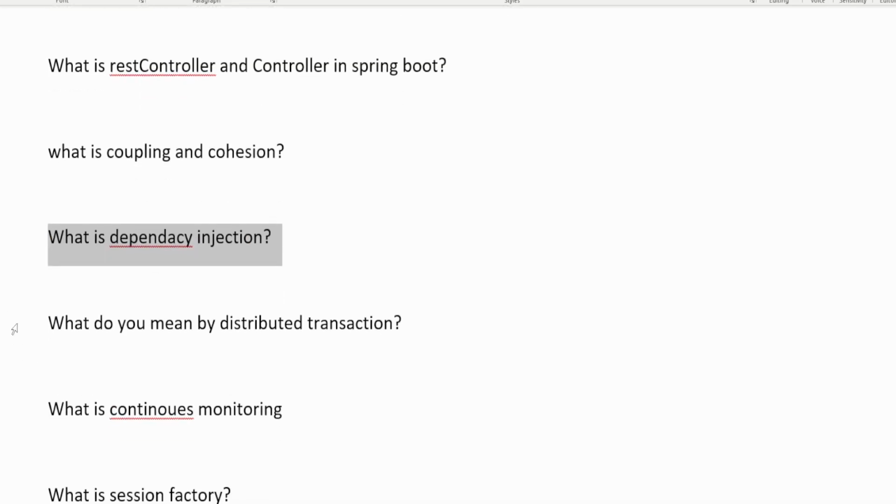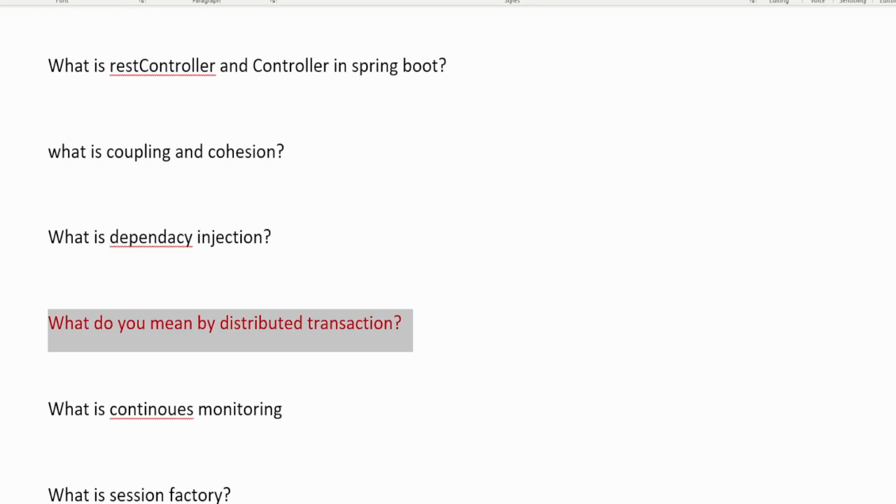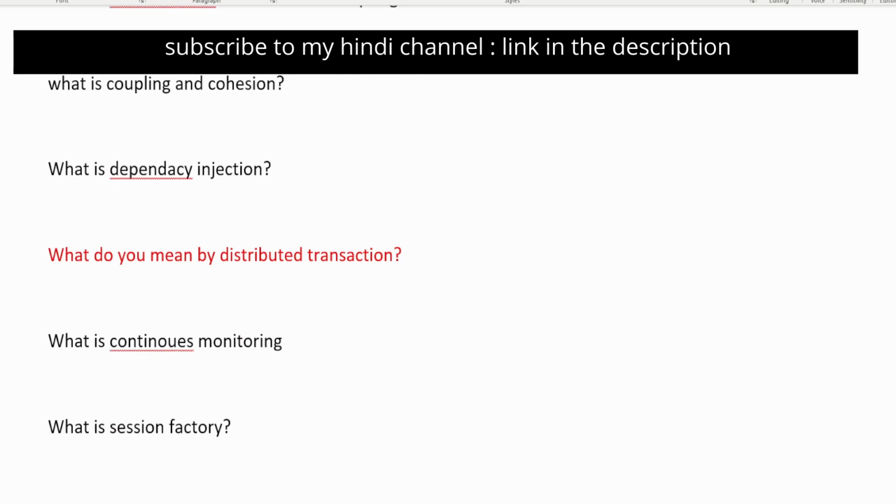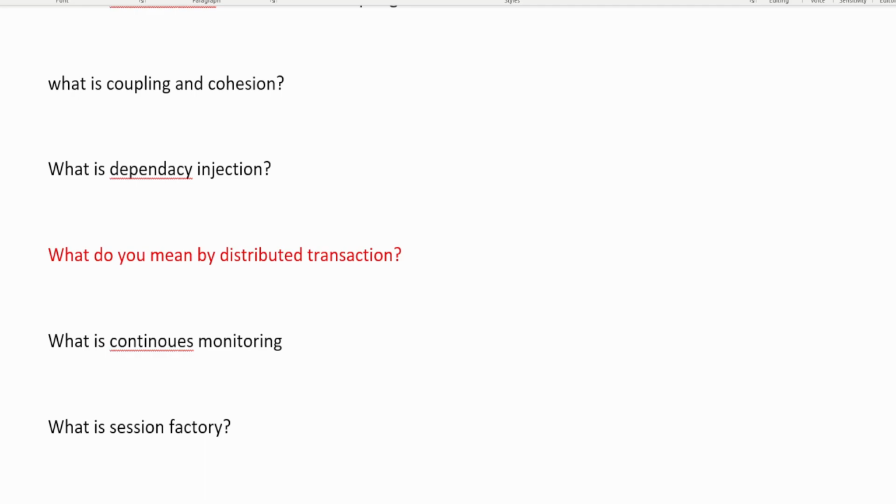And the next question is, what do you mean by distributed transaction? So a distributed transaction is a transaction which is spread across multiple databases. Okay, multiple database servers. So it comes up when we talk about microservices.